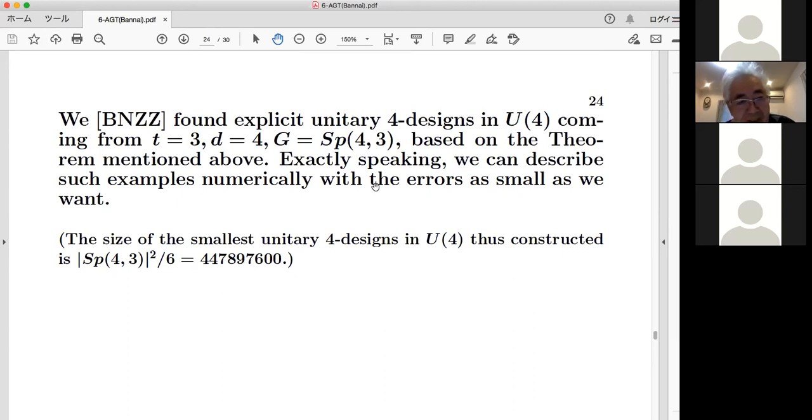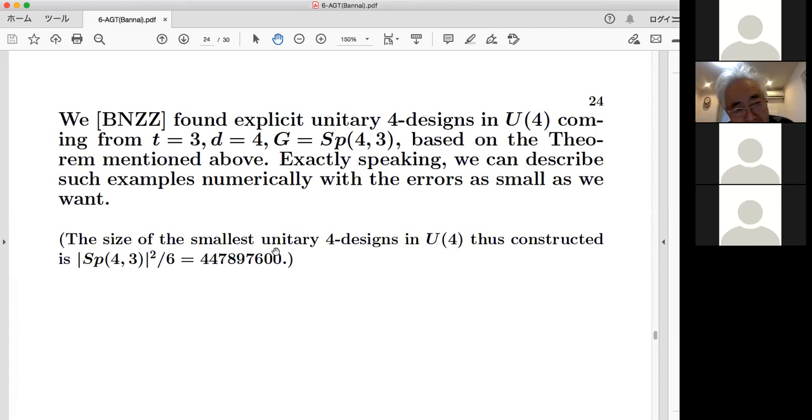Actually, we have the guarantee of the existence of unitary 4 designs on U4, and we can find their explicit values as precisely as we want. However, such examples are very big, sizes are very big.